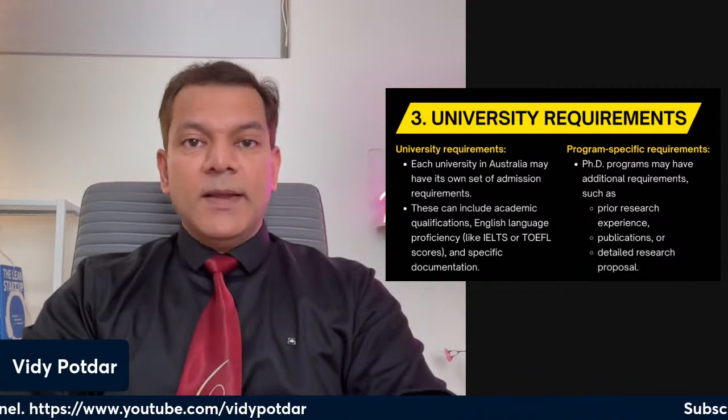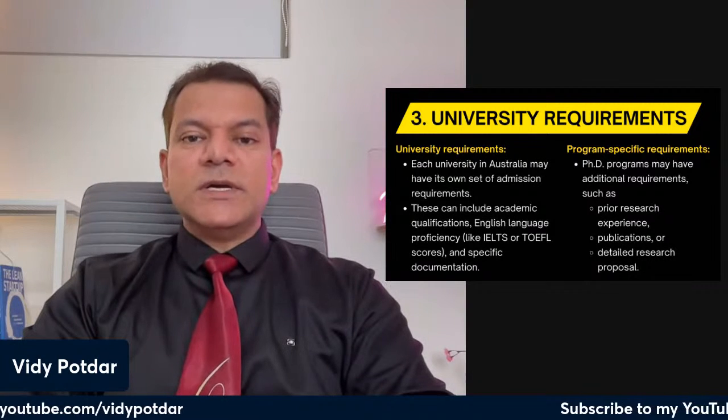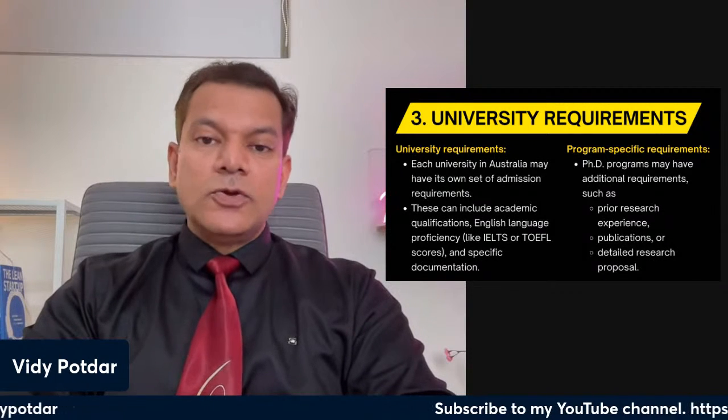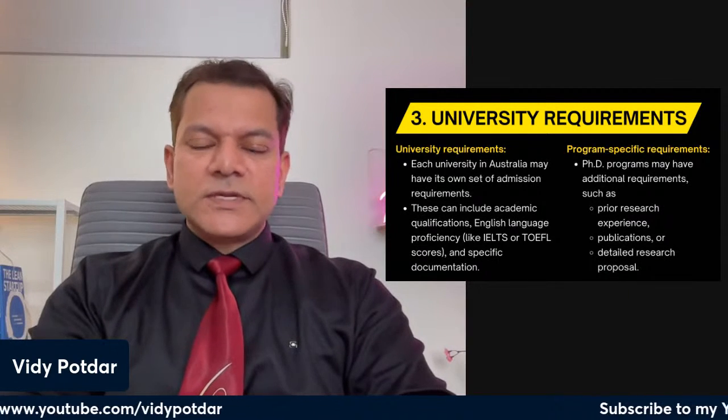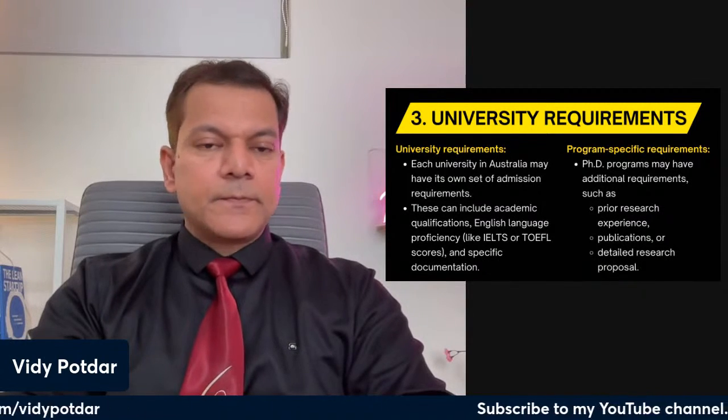Some programs may need that kind of criteria, or they may say that you have to have research publications in good journals or conferences, or you should have a detailed research proposal ready before you submit your application for admission. So these are some program specific requirements that may exist when you start looking for admission.